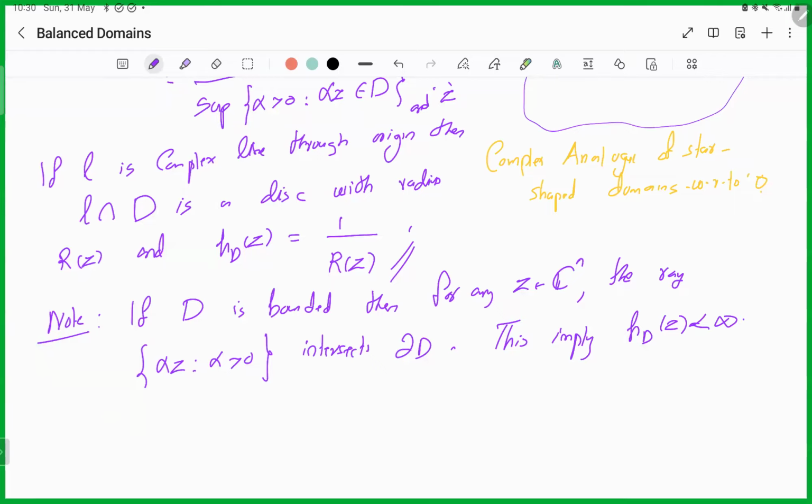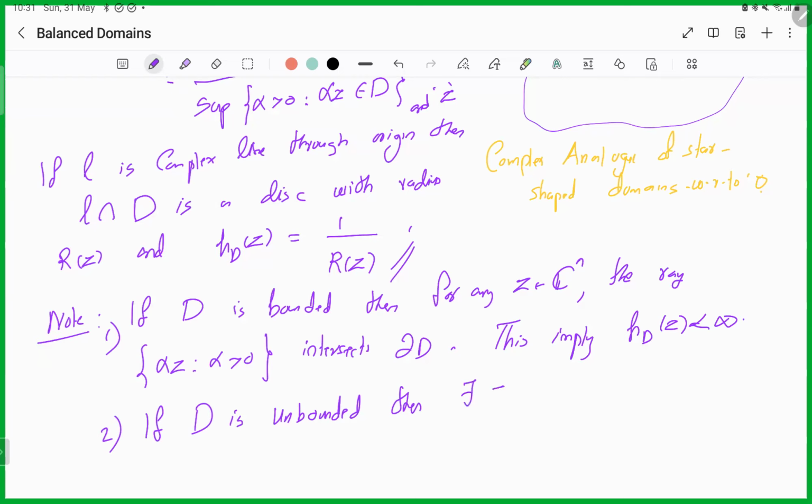If D is unbounded, then h_D of z may be 0.